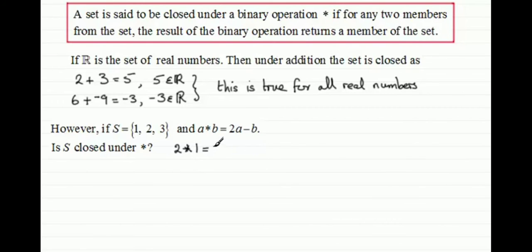Instead of a, I have to substitute 2. Therefore, 2 into 2 minus, instead of b, the value is 1. So, 4 minus 1, the answer is 3. But 3 is a member of the set S. For these two members, the resulting answer is again in S.